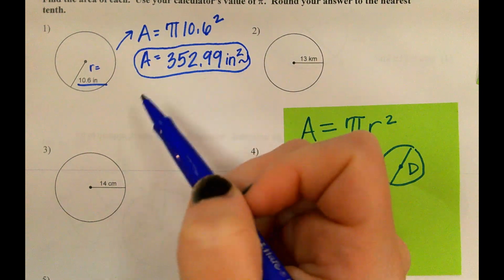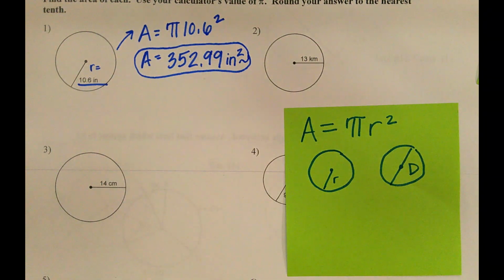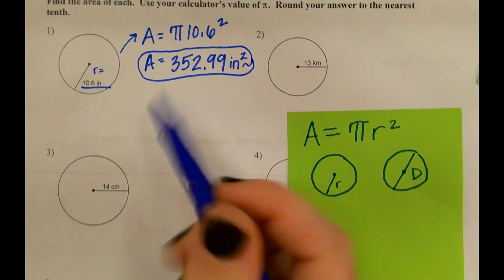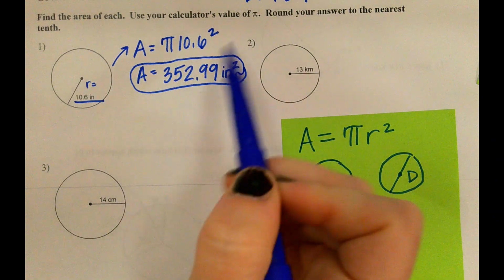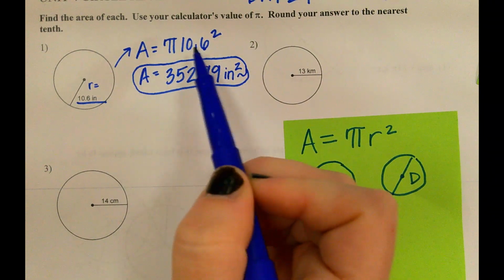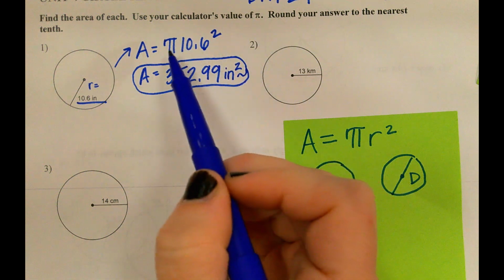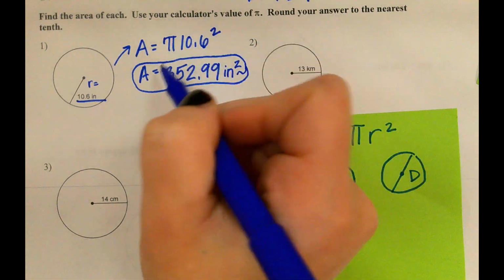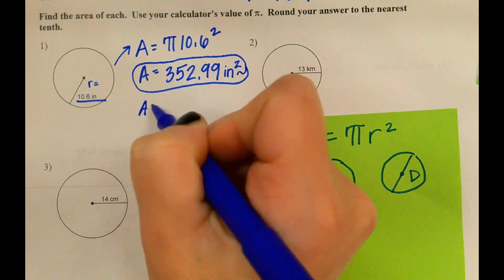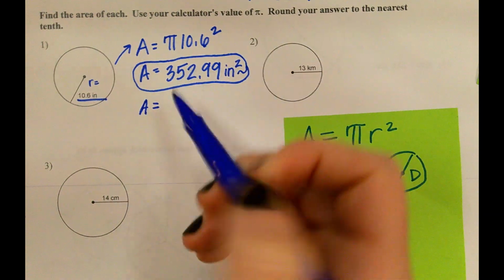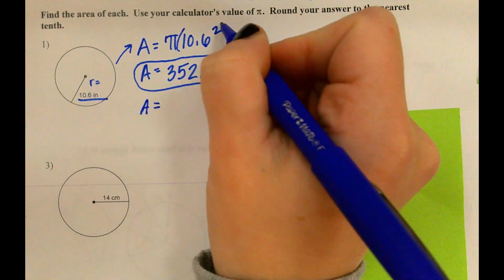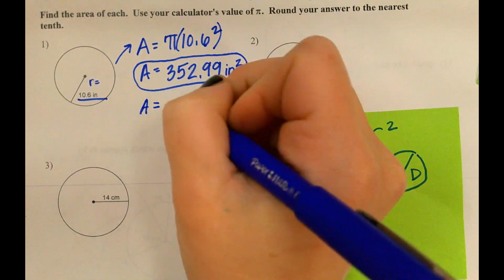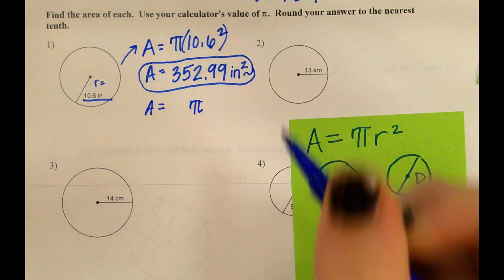So if we want an exact answer, as a reminder, it's just going to be this exact same problem, the same formula typed in, except we're not going to include pi in the calculation. So all we have to do is type in the other half and write pi off to the side.